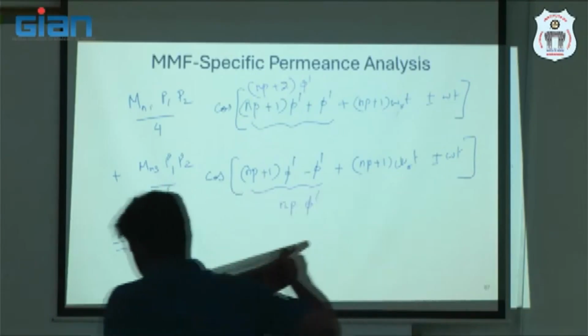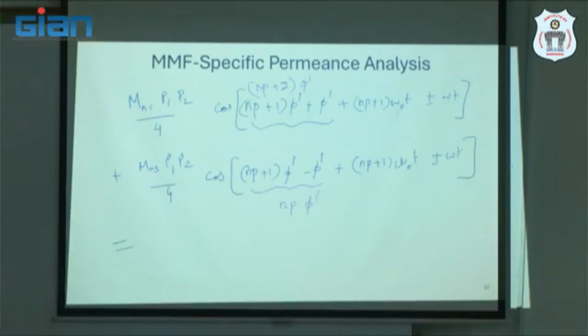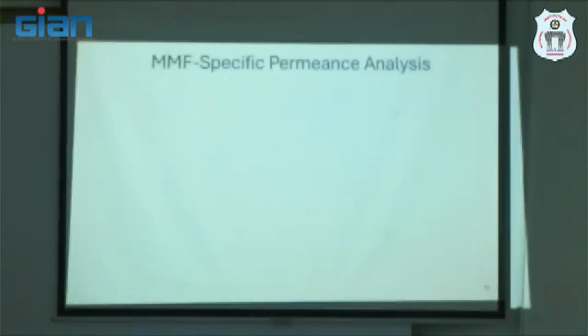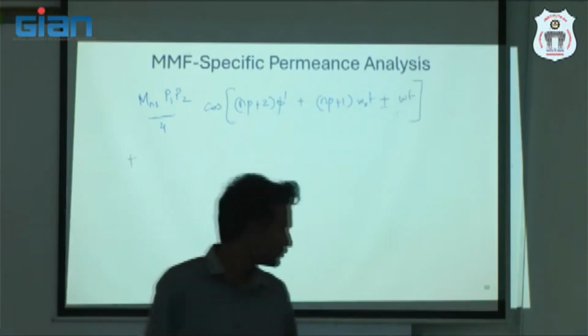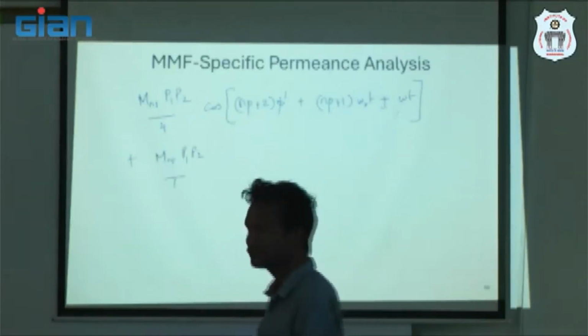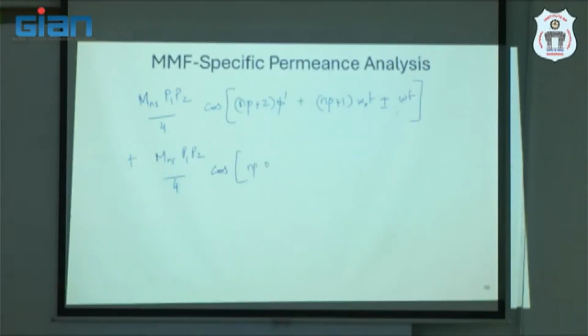So let us now rewrite this expression after simplification. After simplification, this will be minus P1 P2 by 4 cos[(np plus 2) phi dash plus (np plus 1) omega t plus or minus omega t].